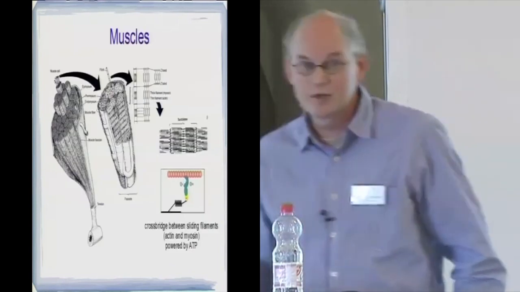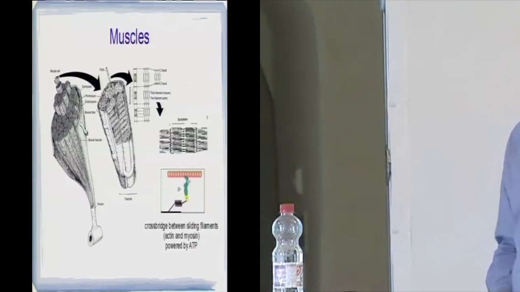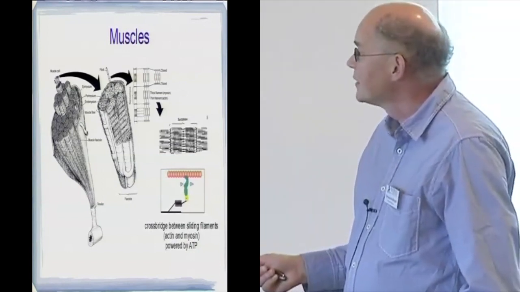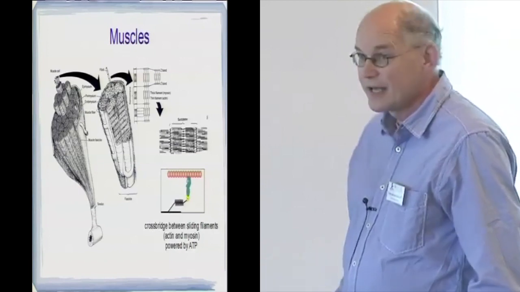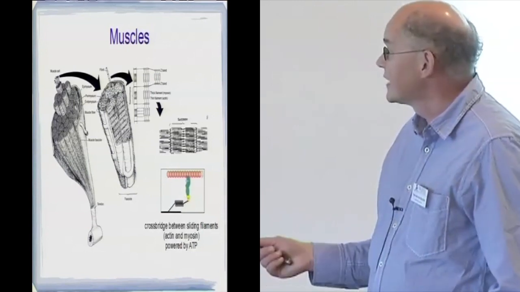Muscle is good to remind you that it's basically a piece of meat, and it's not as neat as an electric motor. Muscles are divided into bundles, fascicles, and then you go down to the lower levels. You have proteins, and the main proteins in muscle are actin and myosin, arranged in overlapping filaments. Between one filament and the other, you have a rotating head of the myosin molecule that actually powers the muscle contraction.